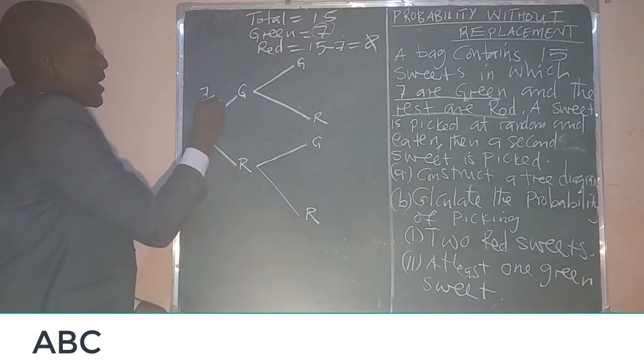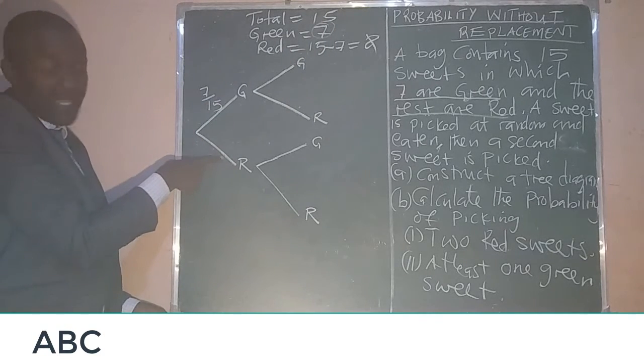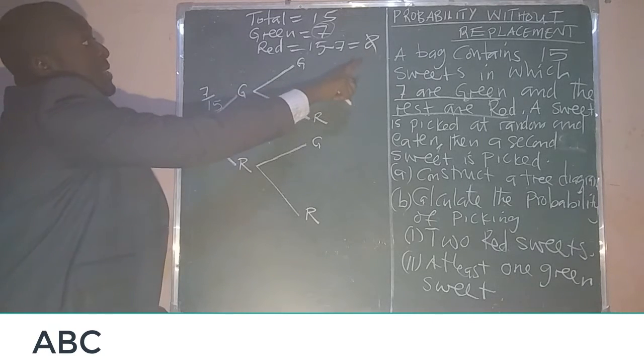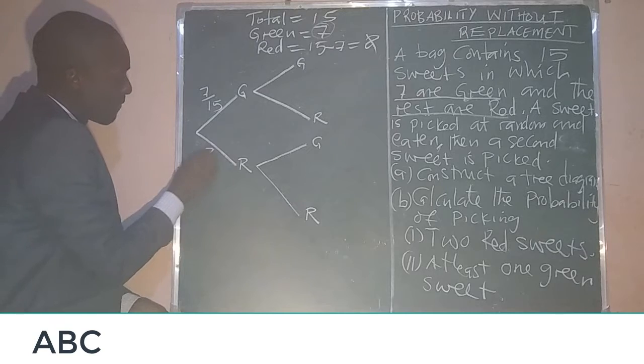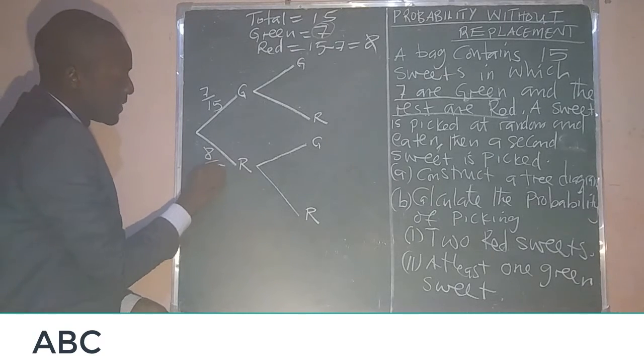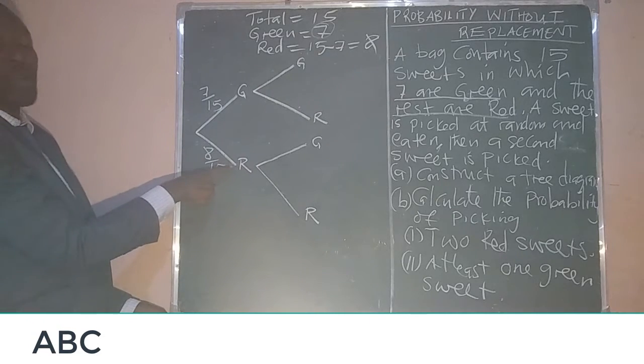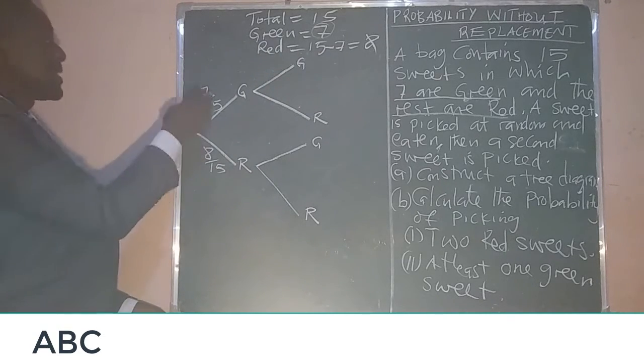Then you come to red. You have 8 red sweets and the total is 15, so you are going to have 8 over 15. And so this is what we have.